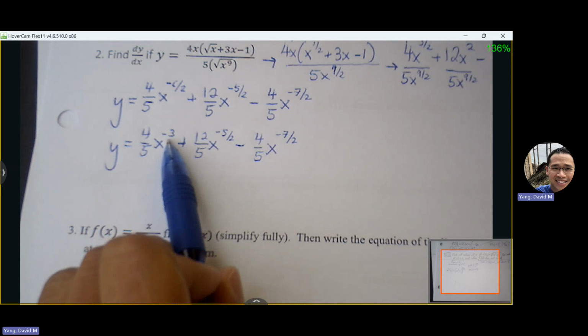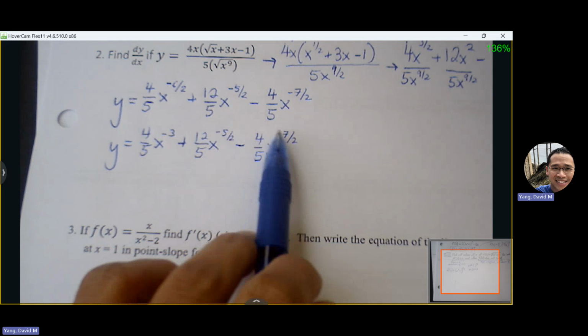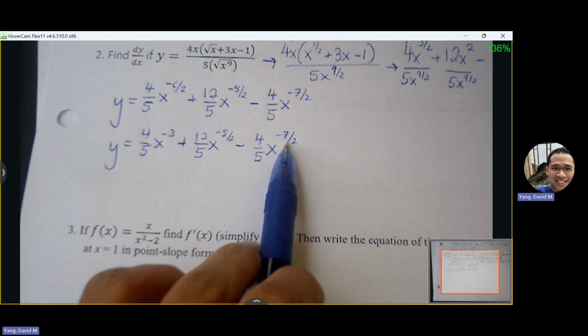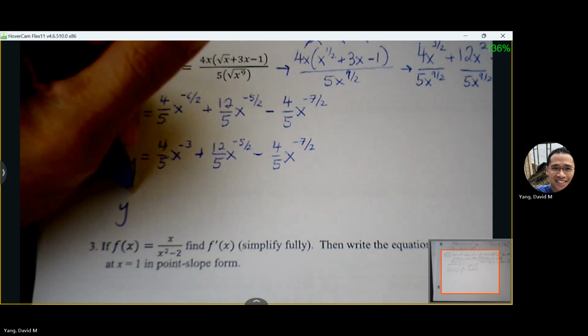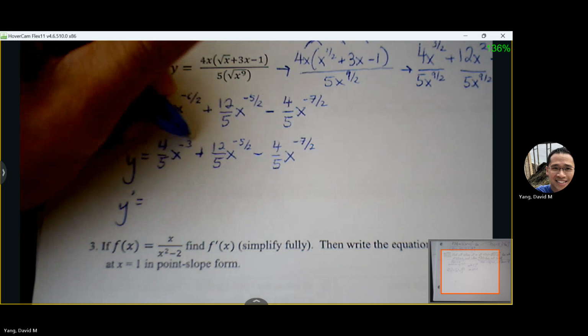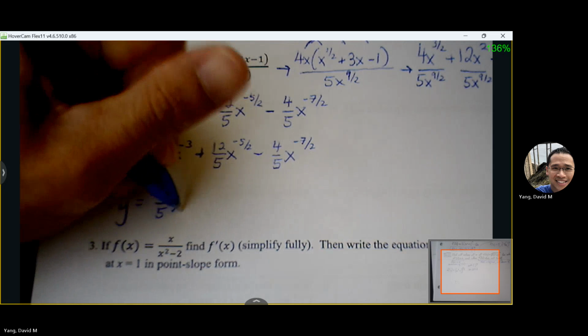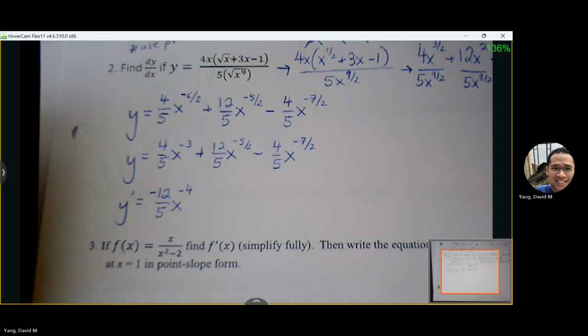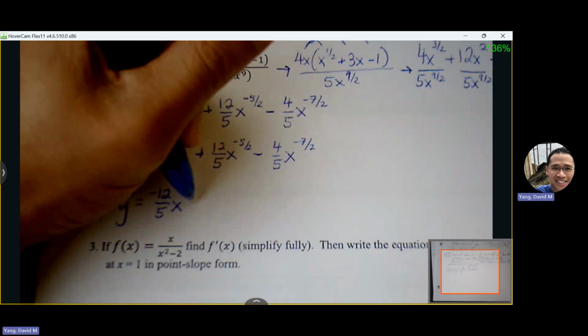So power rule: bring down the exponent, subtract 1 from the exponent. Bring down the exponent, subtract 1 from this exponent. Bring down the exponent, subtract 1 from this exponent. Okay, bring down the -5/2.